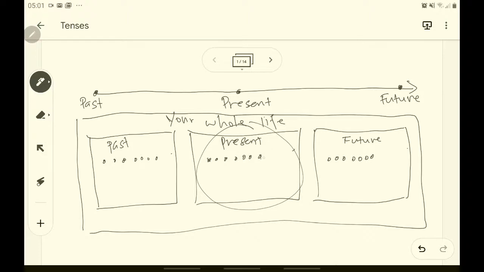Now we might be at the seventh dot, and we are describing things that happened at the first dot, in the present, where you can still feel the effects of the action. You don't have to worry about that yet, because I'm going to go into more detail when explaining present perfect tense.